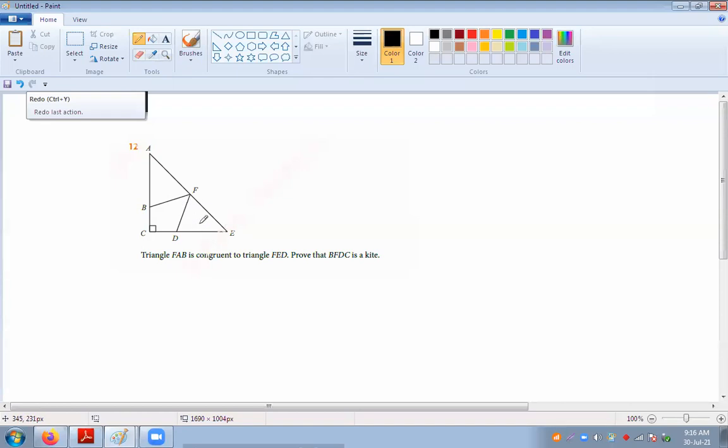If these two triangles are congruent, then definitely this side will be equal to this side, and this side will be equal to this side. So the third side is equal to the third side. AB is equal to DE.